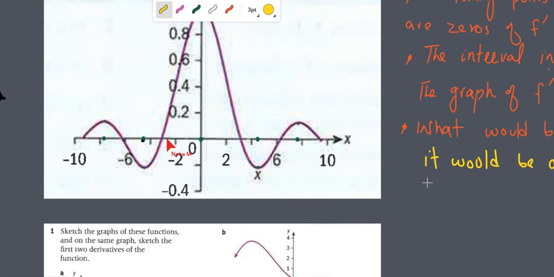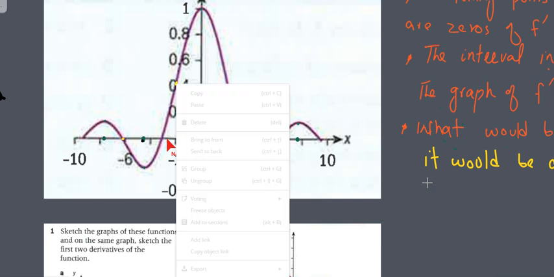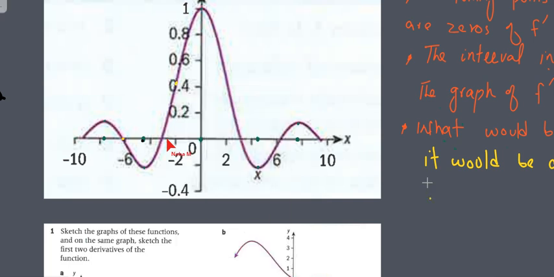This would be the point of inflection approximately, because it is between the turning points in the middle. From this turning point to this turning point, we will get the point of inflection at this point.